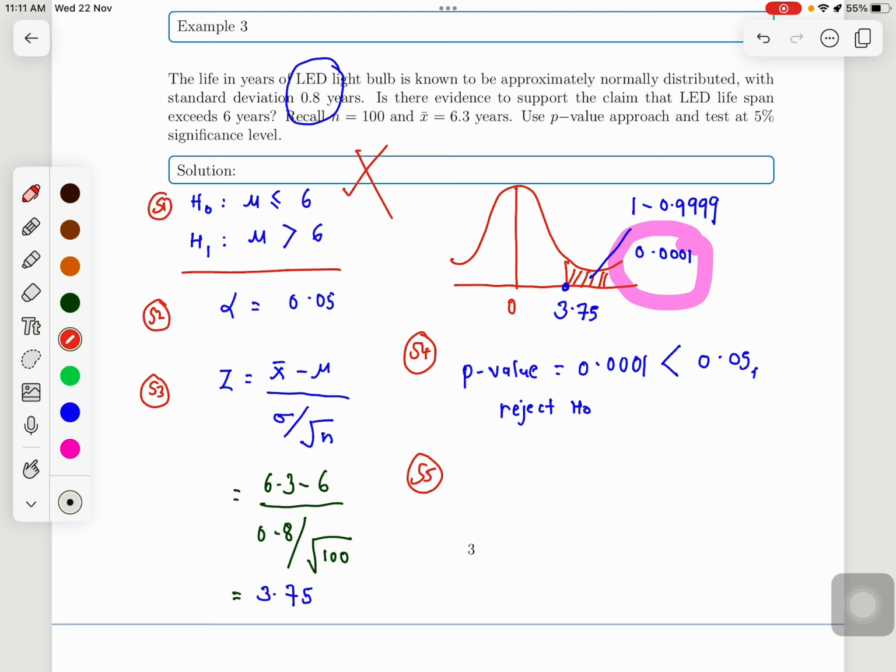So we can say here, tulis kat sini, there is evidence to support the claim.